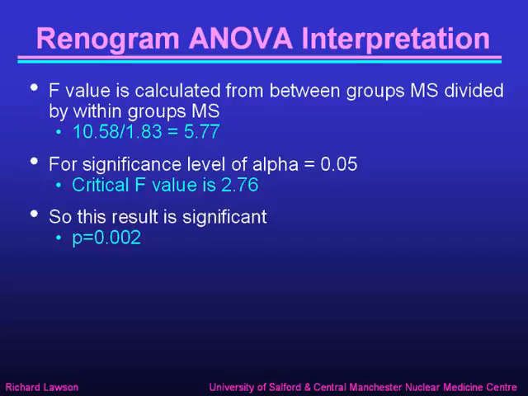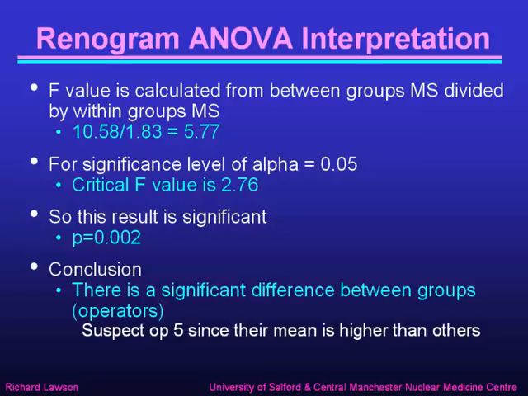So our result is significant because we have exceeded the critical value of 2.76, and it says the significance is p equals 0.002. So we conclude that there is a significant difference between groups, that is between operators.